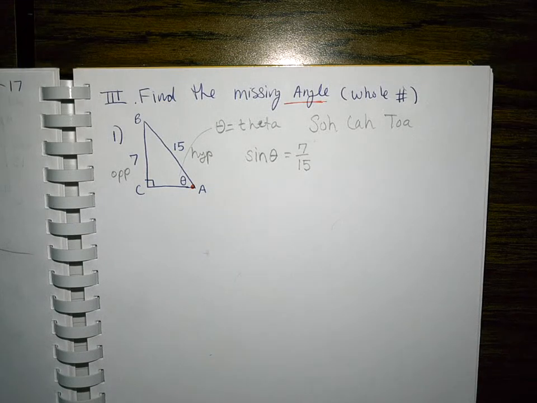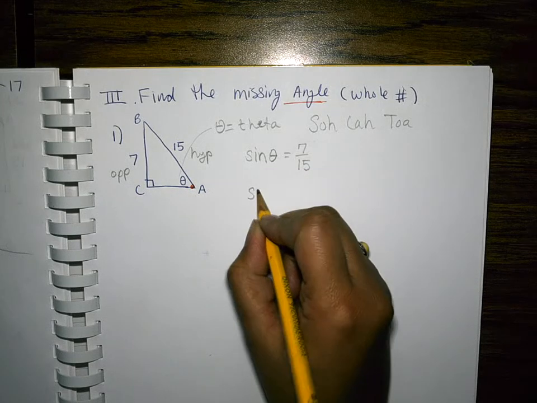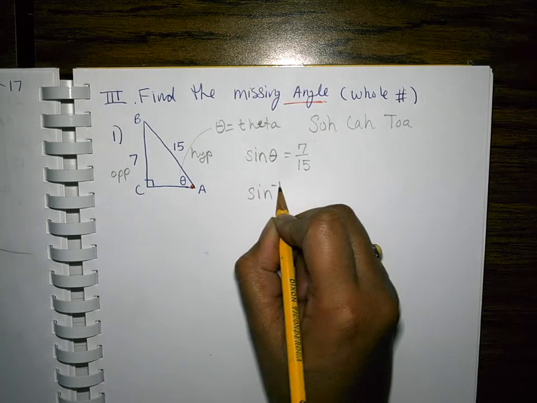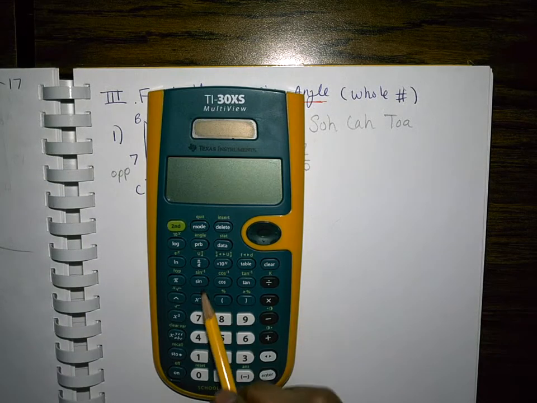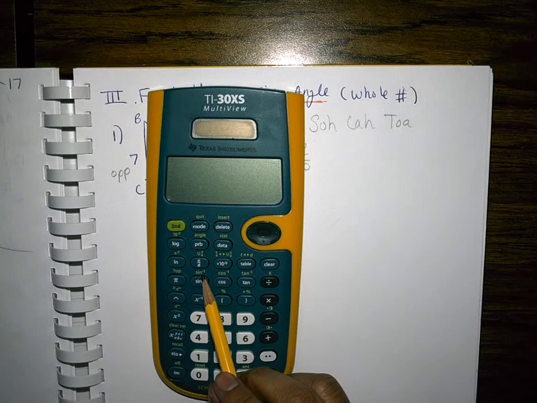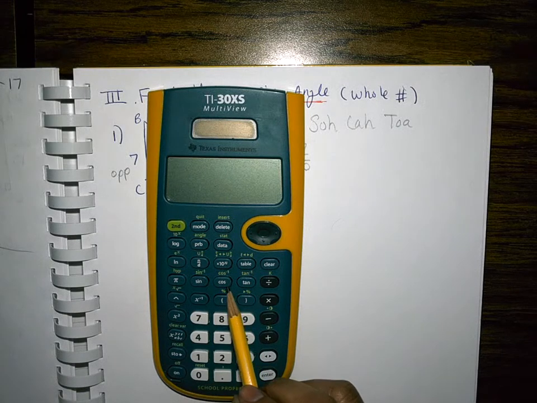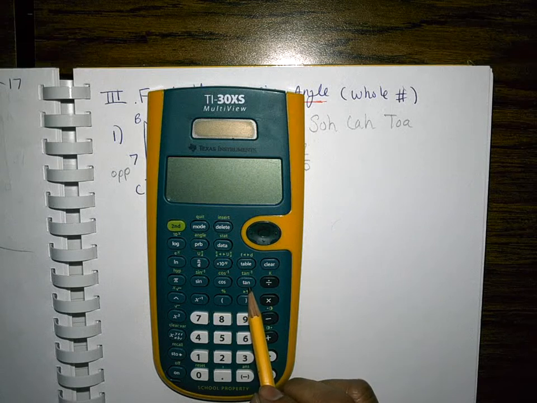Okay, so here is what the key looks like. If you look in your calculator, you will see a key that looks like that. And it's most likely right above your sine key. So if you look right above your sine key, you will see sine to the -1. Right above your cosine key, see cosine to the -1. And right above your tangent key, you're going to see tan to the -1.